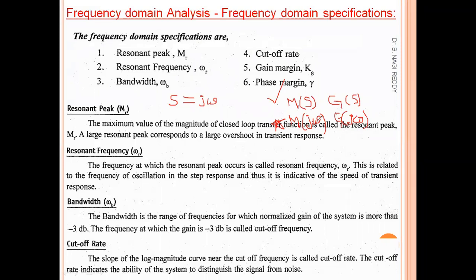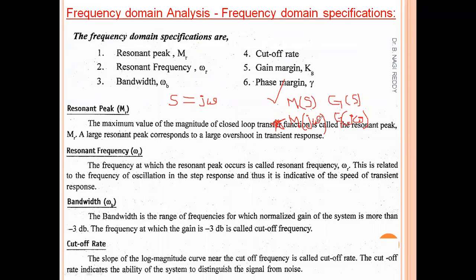And this concept, frequency domain analysis, is very much applicable for non-linear based control systems also. And we have an advantage that if we calculate open loop stability analysis, then that can be applied to determine the closed loop stability analysis also.